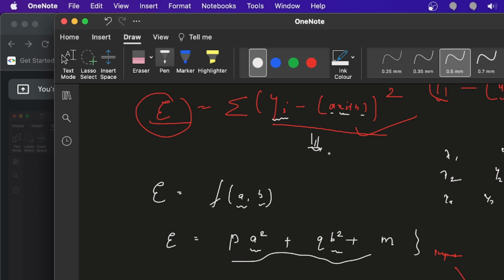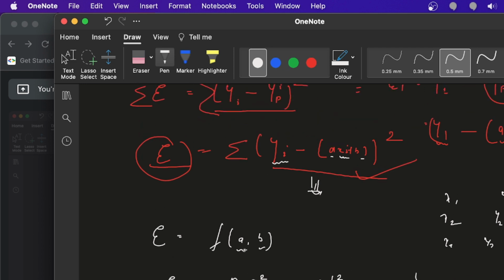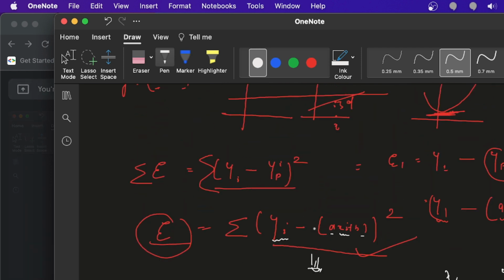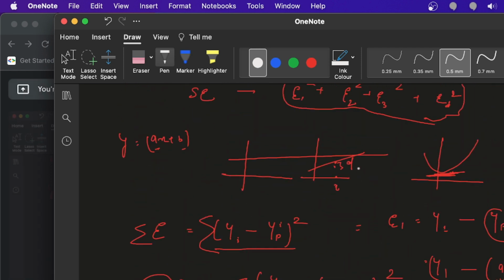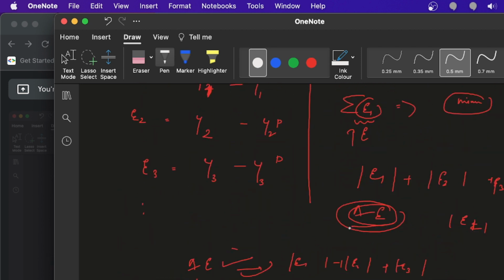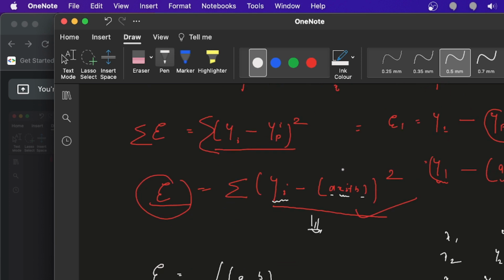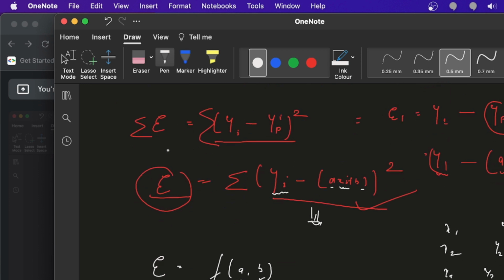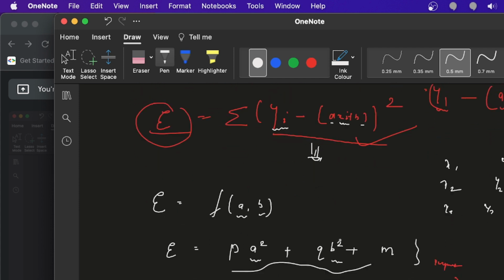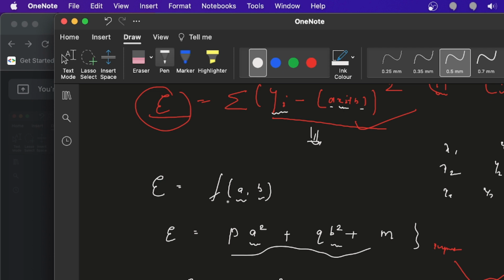We converted this equation to a function in A and B, where A and B are the parameters of your equation. At the end, when you calculate the total error value or loss value, you have seen that this function is converted into a function of A and B.